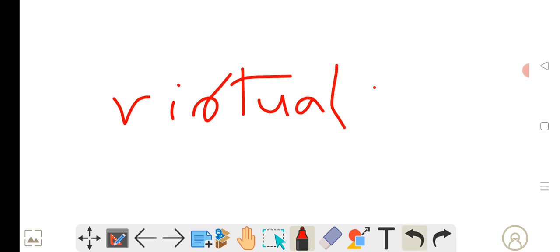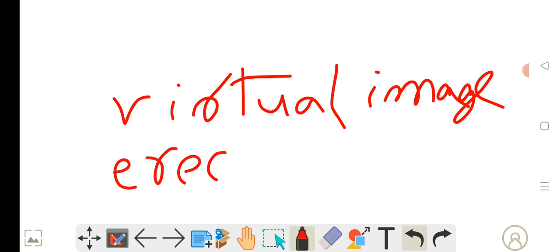And the image is erect. That means it will be straight. How you are standing, you will see your image also standing in the same way. You can take just one bottle, keep it in front of the mirror.